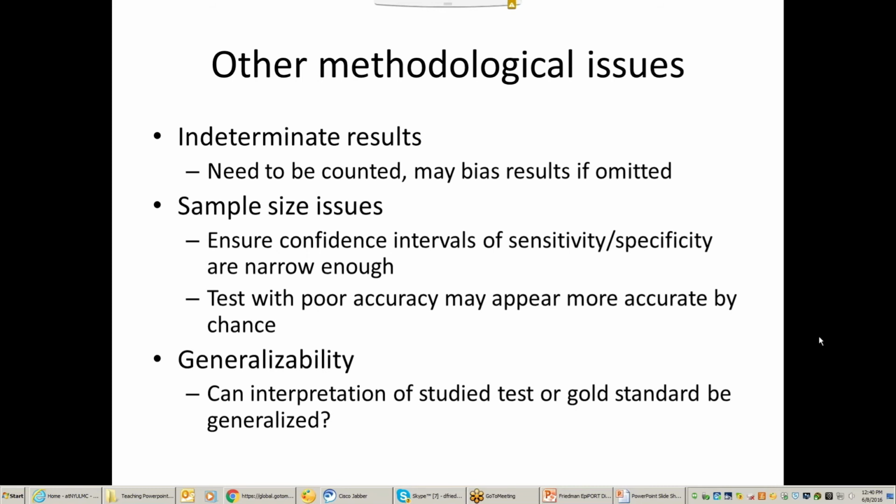So let's say you're interested in asking the question of, do I have a questionnaire that can accurately identify sexual dysfunction in patients with epilepsy?